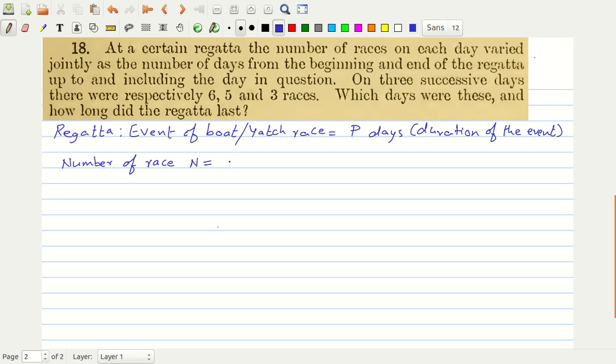So if x number of days has passed, so it is x, and the number of days from the end of the regatta, so it is p minus x, times k.